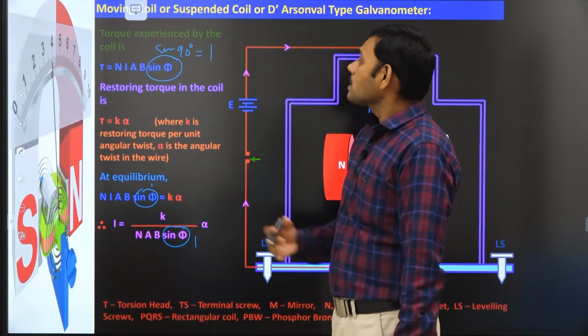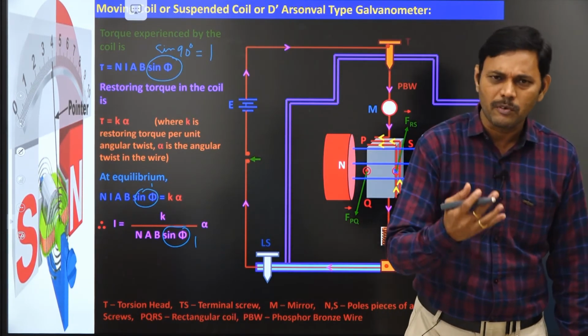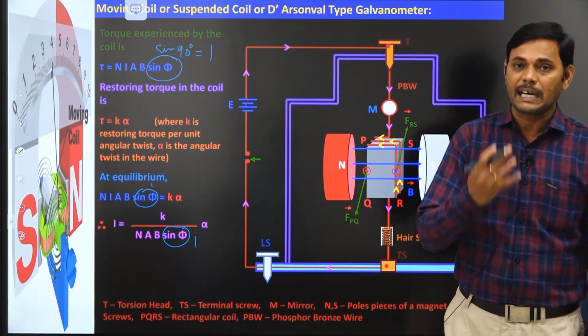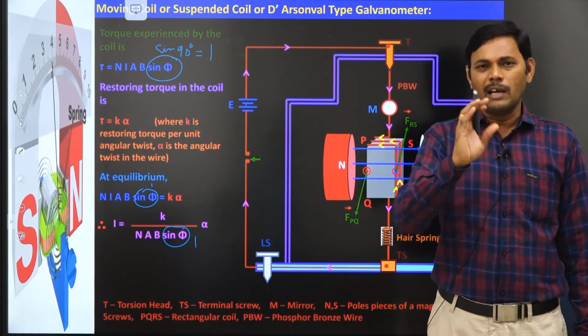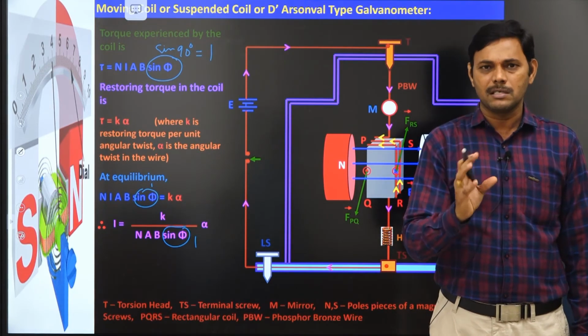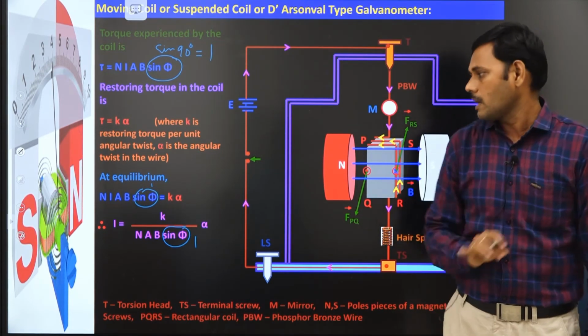So this is the purpose of the moving coil galvanometer: to find the current passing through the coil, down to very small values. It is a very sensitive device, measuring even 10 power minus 9 ampere.